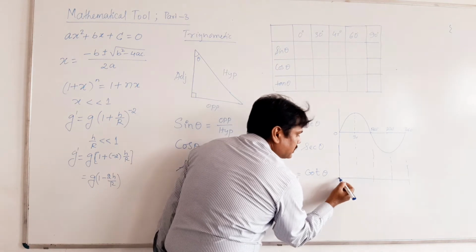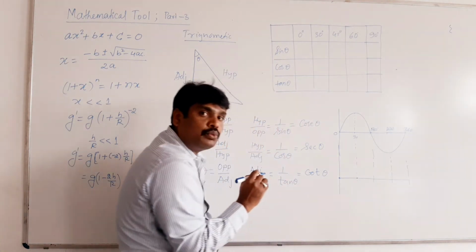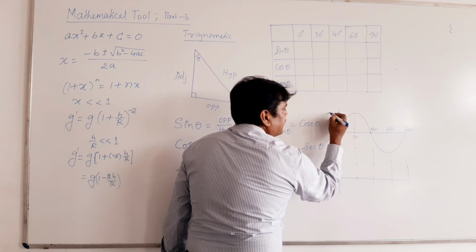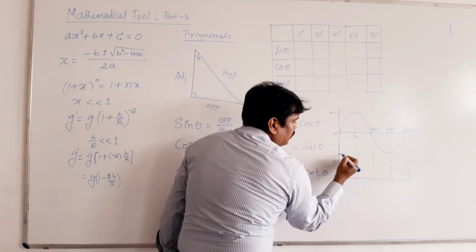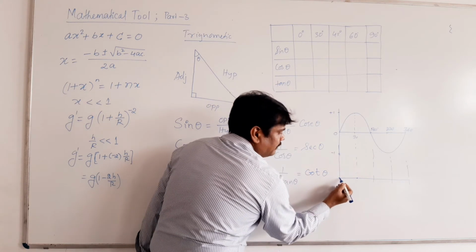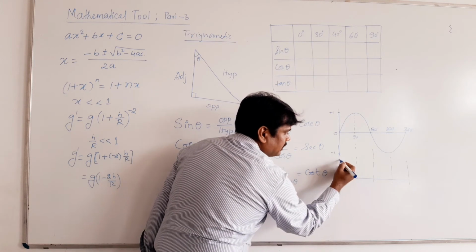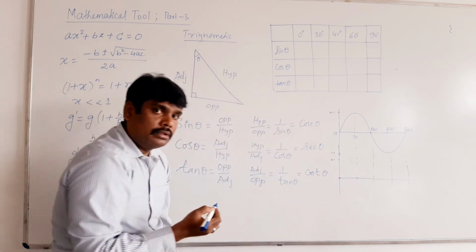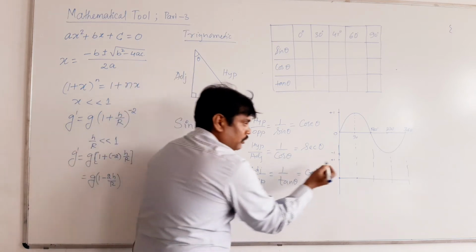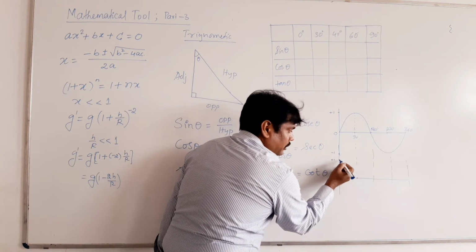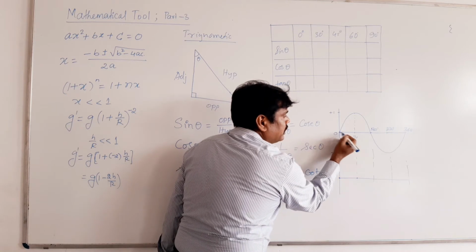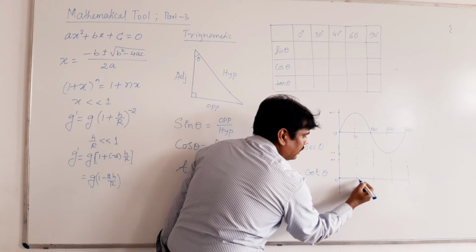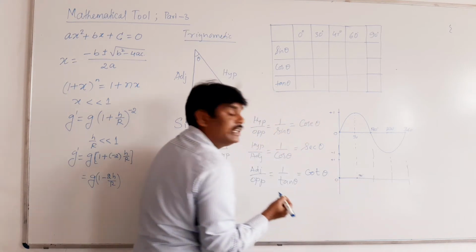It means it starts from the value +1 and goes to 0. The maximum value of sine is +1 and the minimum value of sine is -1. Same thing here also: the cos value starts from +1 and ends at 0 in the decreasing direction.